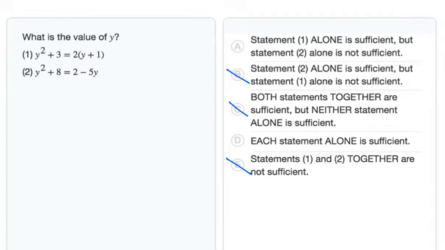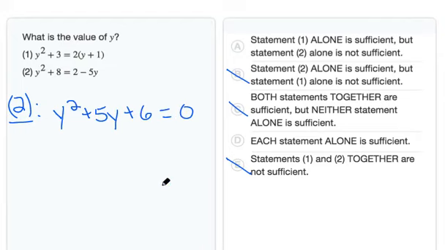Considering statement 2, we're going to try to solve just like we did before. So again, a quadratic equation, we'll need everything on one side to try and solve by factoring. Moving all our terms to the left-hand side, keeping our y squared positive, we have y squared plus 5y plus 6 equals 0. When we factor this quadratic equation, factors of positive 6 that add up to positive 5, we end up with a positive 3 and a positive 2.